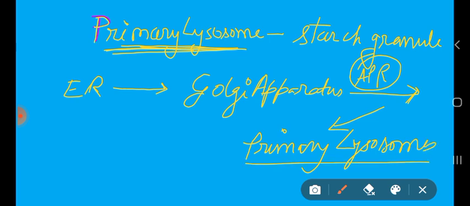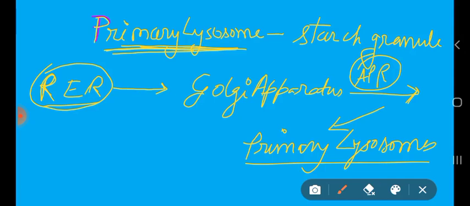Primary lysosomes, also called starch granules, are small bodies. They also have enzymes, and those enzymes are first synthesized by the rough endoplasmic reticulum, which has ribosomes attached to its membranes, where they synthesize the enzymes needed for primary lysosome formation.